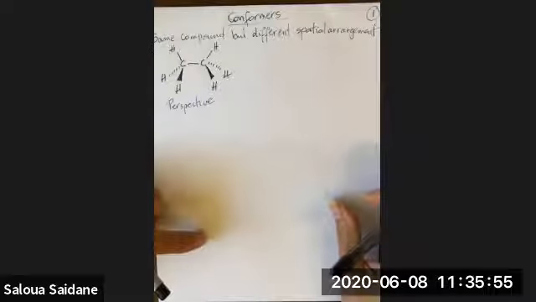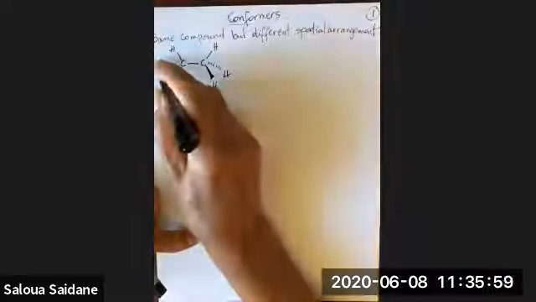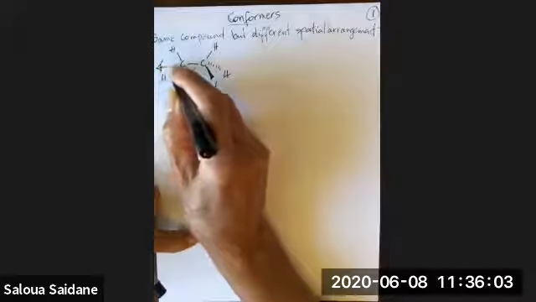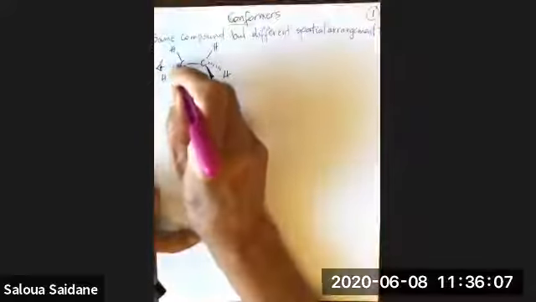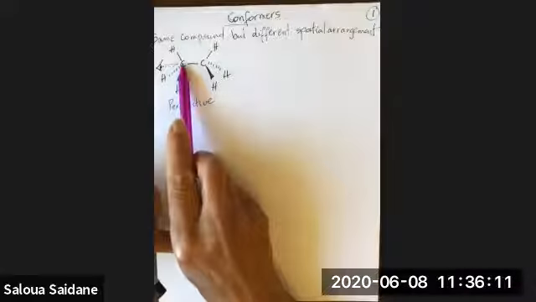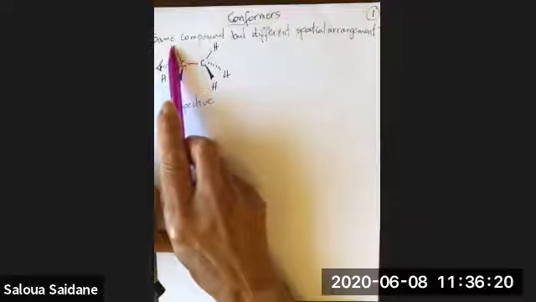So how do we explain conformers? We're going to pretend I'm looking in this direction. So this is my eye, let's say, and I'm looking this way. So basically, I'm looking at the side of the molecule, at this carbon. If I'm looking from the side, the carbon will be right in front of me, and above it, there's a hydrogen.